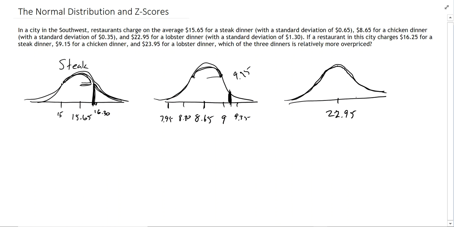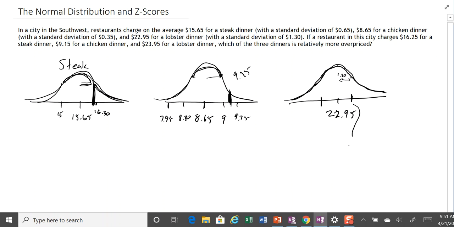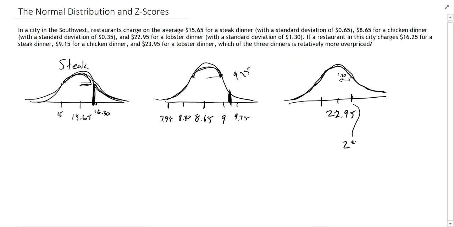So if I go to that one standard deviation on either side, if I add $1.30, this distance in here is $1.30, I'll end up at a value here of $24.25, I think.